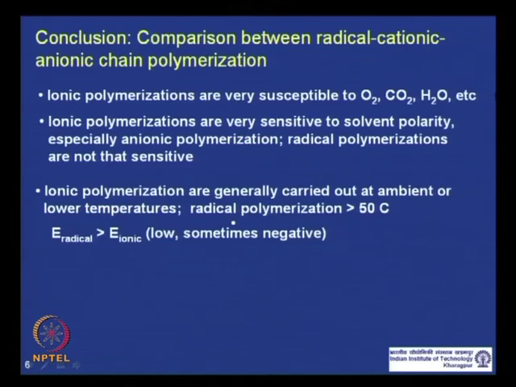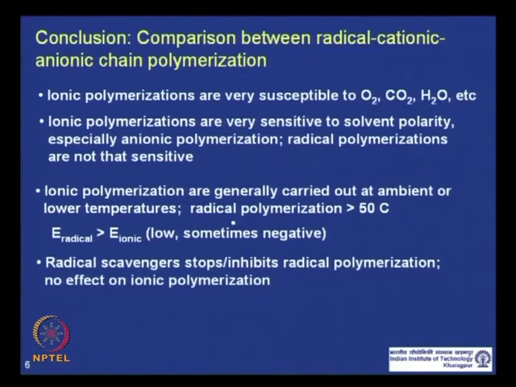Ionic reactions are generally carried out at ambient or lower temperature, as we have discussed. The activation energy for radical reactions is much higher compared to ionic polymerization, which is very low and sometimes negative. As a result, radical polymerizations are done at comparatively higher temperature, typically higher than 50 degrees centigrade, in the lab and the industry.